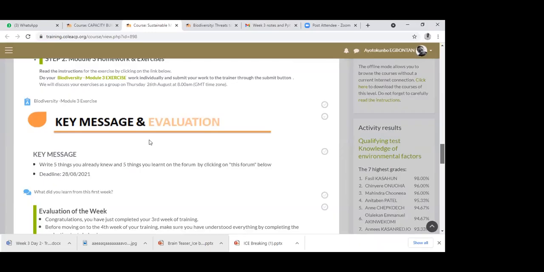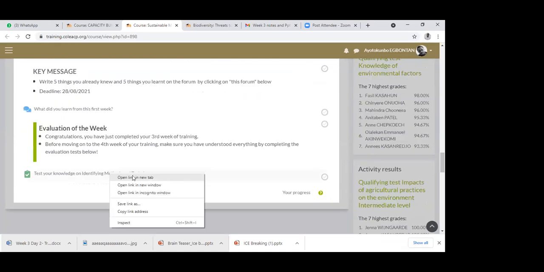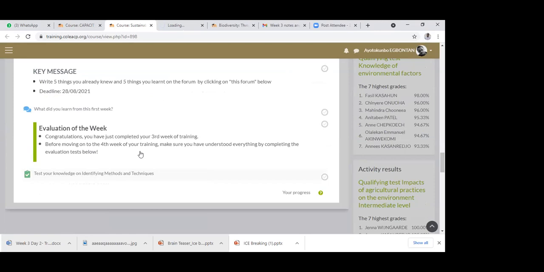If you go to the learning platform, you scroll through and you come down here to test your knowledge. If you open it, just right click and it will open another tab for you. Please pardon the slow rate at which it is coming up.